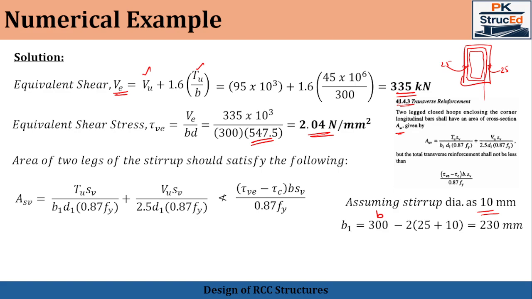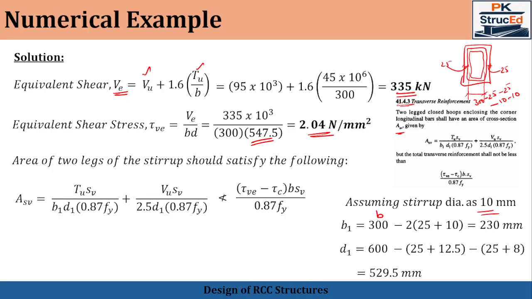That is the center to center reinforcement in this direction, which is B, that is 300 minus 25 clear cover from one side, minus 25 clear cover from other side, and then minus 10 and 10, the diameter of the stirrups on both the sides. So you'll get the effective width as 230 mm.